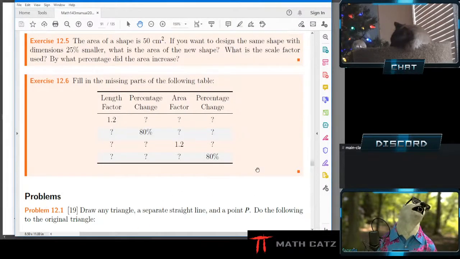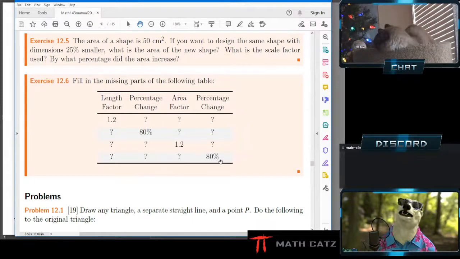Percentage is a final concluding sentence presentation format. It is not a calculation format, ever. So if I'm presented with a percentage, I'm going to go to the scale factor before I jump to area. Maybe the area factor is given, and I have to use that to get to the length. Or maybe a percentage is given.